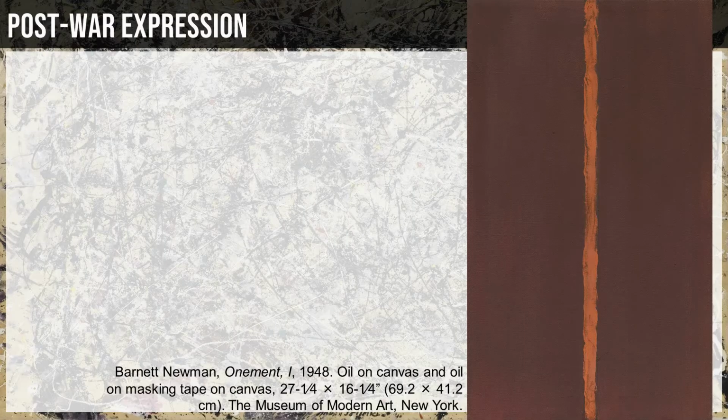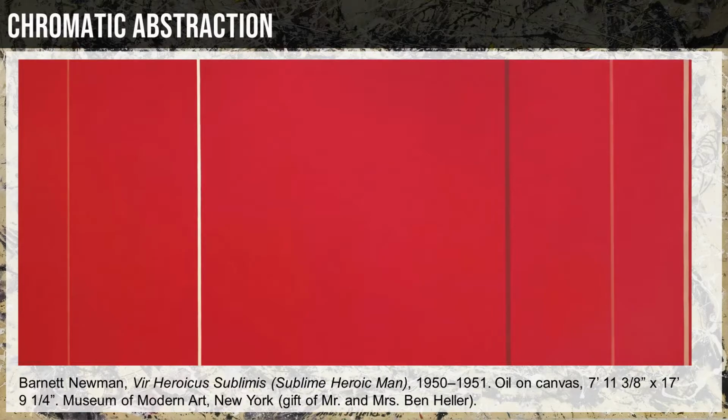Barnett Newman, whose One-Ment One we looked at earlier, is a chromatic abstractionist. These artists are also sometimes called color field painters, and Newman's Vir Eroicus Sublimis, Sublime Heroic Man, is a vast field of almost unbroken color, in this case a vibrant red.